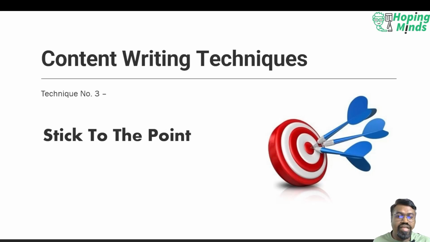So you need to make sure that you give certain closure. Plus, we need to make sure that we are sticking to a point. If we are conveying a certain story, then we should not divert ourselves from that particular story to some other story, right?